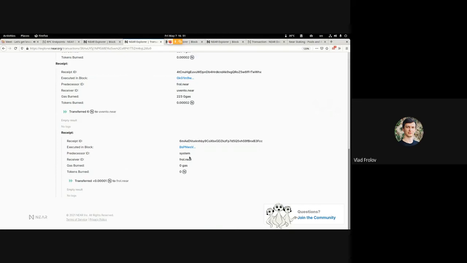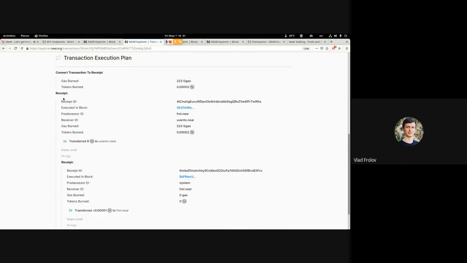So, as I said, all the receipts, even this one, are not signed by Frolov.near. It's not signed by system. These receipts, these entities, are signed by the validator key, the validator key pair.